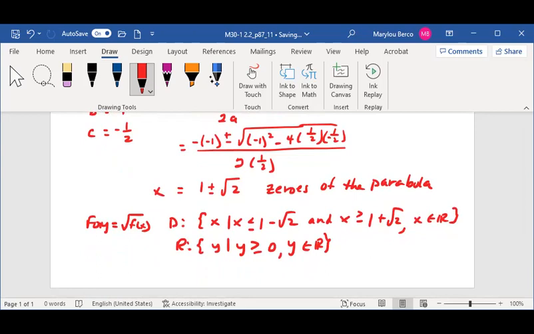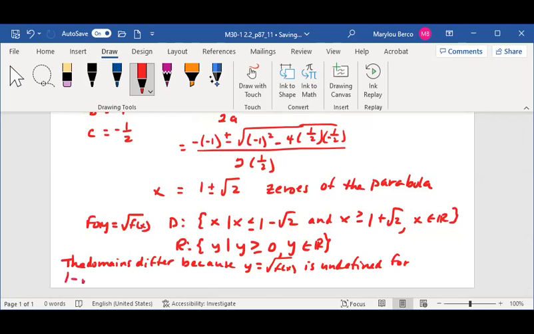So the domains differ because y equals root f of x is undefined for x being between 1 minus root 2 is less than x is less than 1 plus root 2.